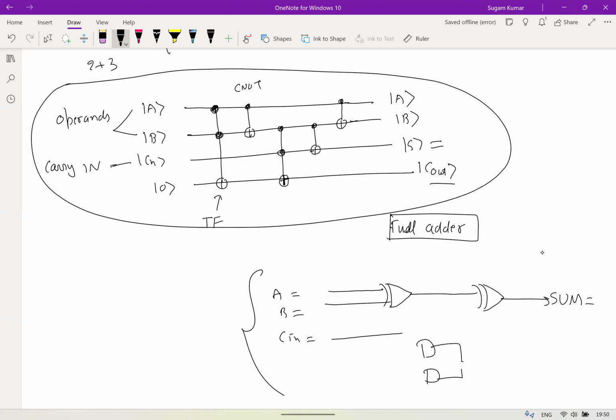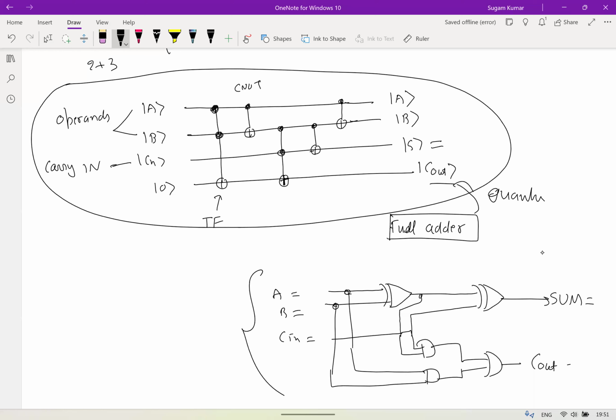And these two go into another OR gate, and this gives us C out, the carry out. I think it is simple now. So that is the full adder. This is also a full adder, but it's a quantum full adder, and this is a classical one. They serve the same purpose. So this is the exact electrical circuit.